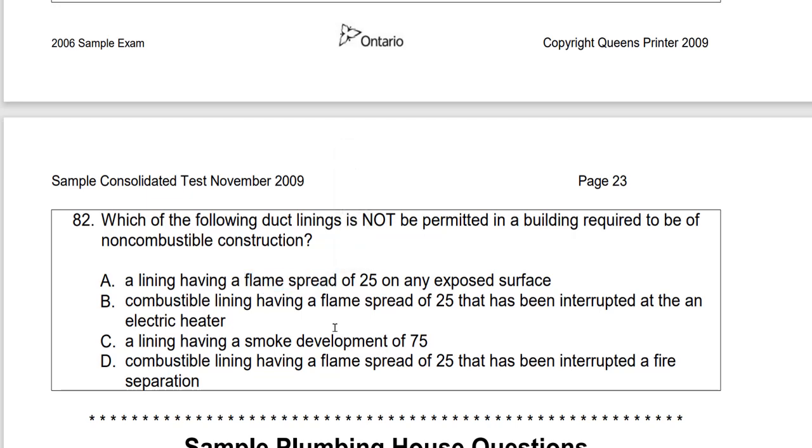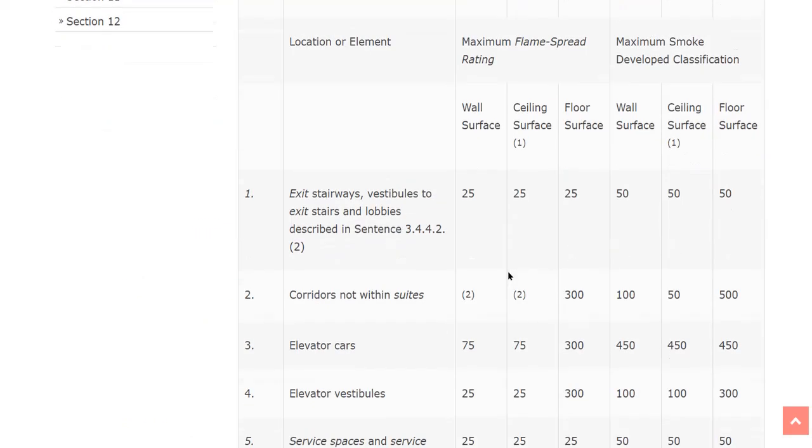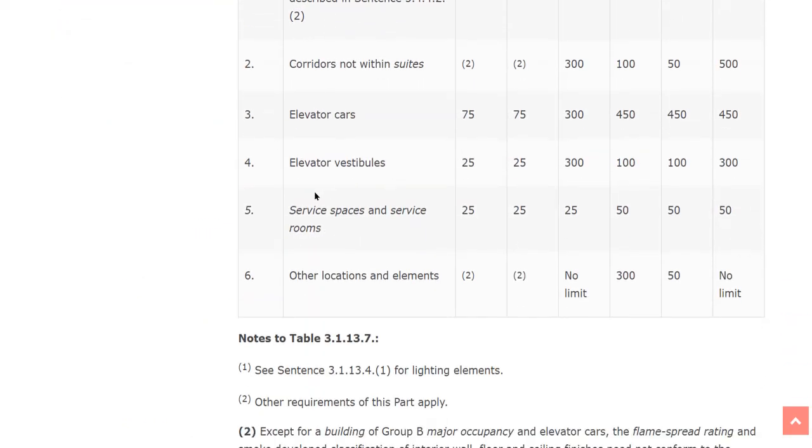The keywords to the answer are here: flame spread rating. So how do you find flame spread rating? You will look at 3.1.30.7. Flame spread rating, if you go into what we call service space and service room, because ducts are found in service spaces and service rooms, flame spread rating is good.